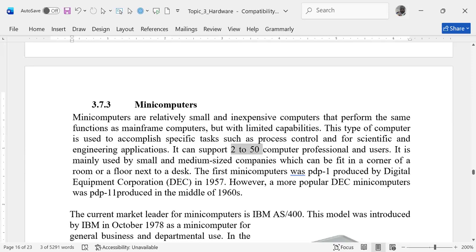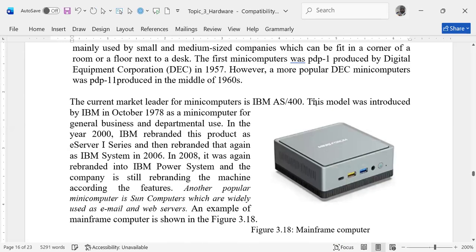Most organizations also use this for networking, as it serves as a central computer with about 2 to 50 users at a time. The microcomputer supports 1 person at a time, but here as a central computer it supports 2 to 50 users or professionals at a time. And this is how it looks like.